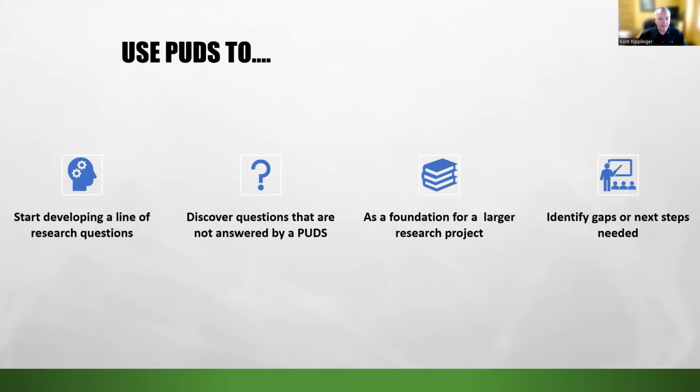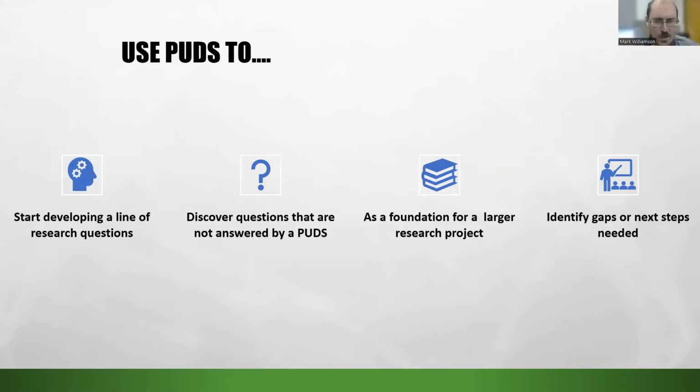And finally, it can be used to identify gaps. You may notice there's data that's missing, and you might determine that there's some next steps that can be done to advance this area of research. I don't have a lot of experience in this area, but fortunately, Dr. Mark Williamson does. So he's going to add a little bit more to this part of the presentation.